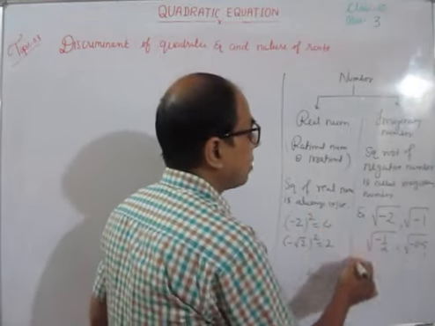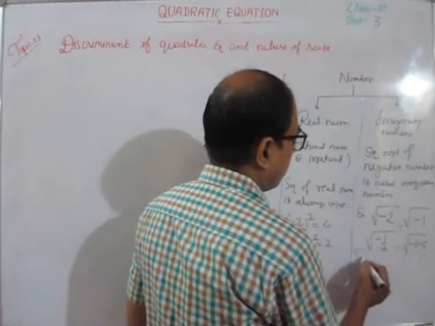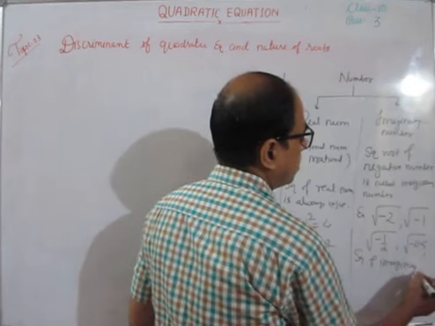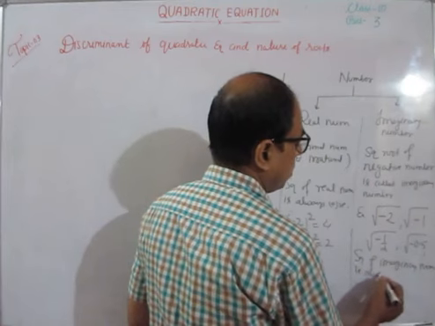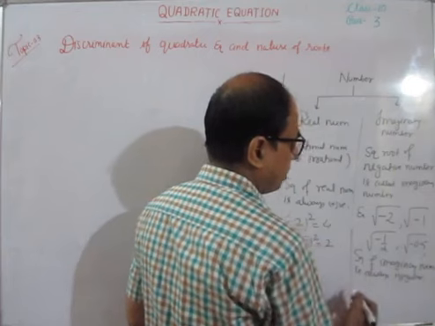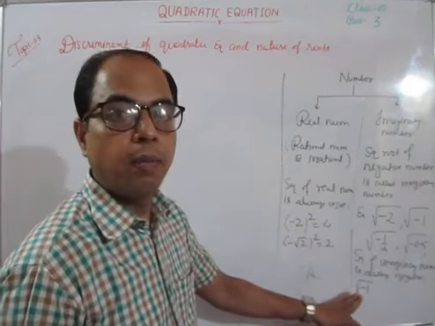But in the case of imaginary numbers, the square of an imaginary number is always negative. For example, square root of -1 is an imaginary number.